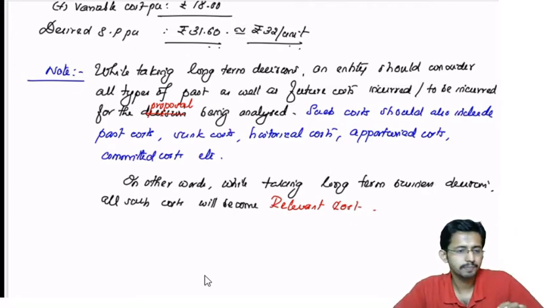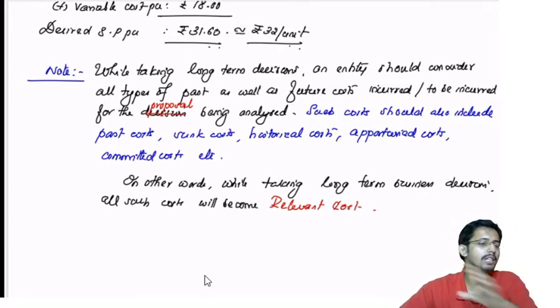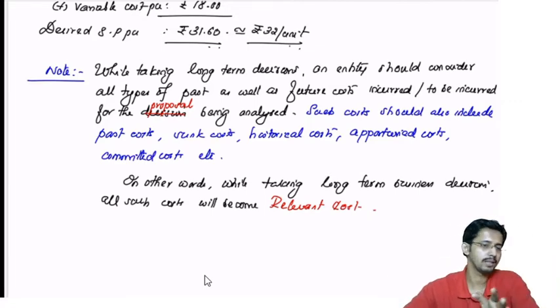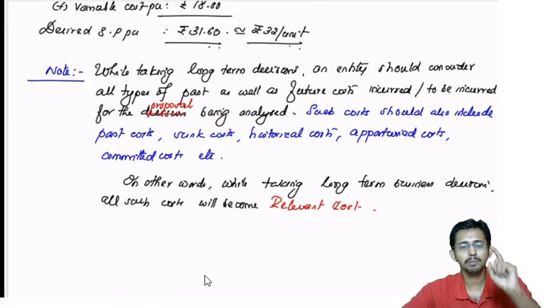Is it clear? If you are taking a long-term decision, then all the costs which you can imagine related to the proposal you are evaluating will become a relevant cost and you should consider that cost.